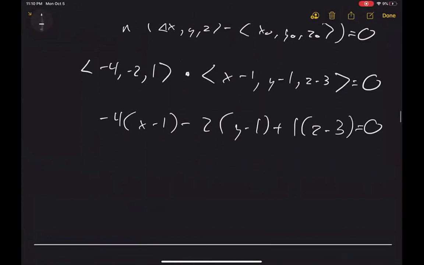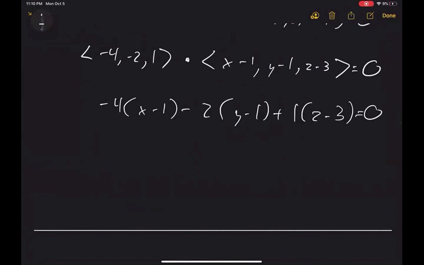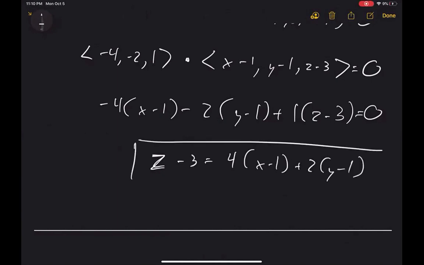And then the last thing, what you'll commonly see, is to get z minus z0 by itself on one side of the equation and everything else on the other side. So maybe the standard form for our tangent plane would be this.